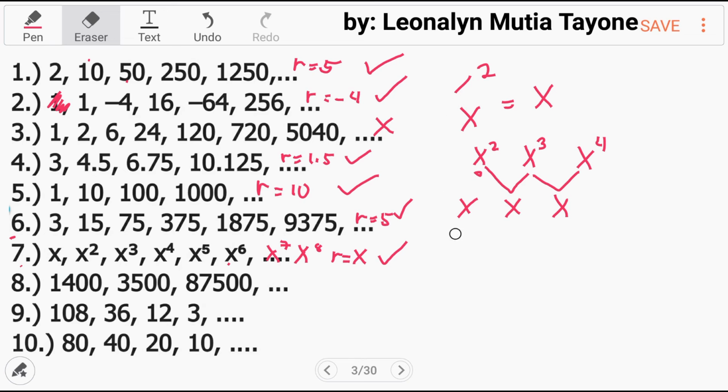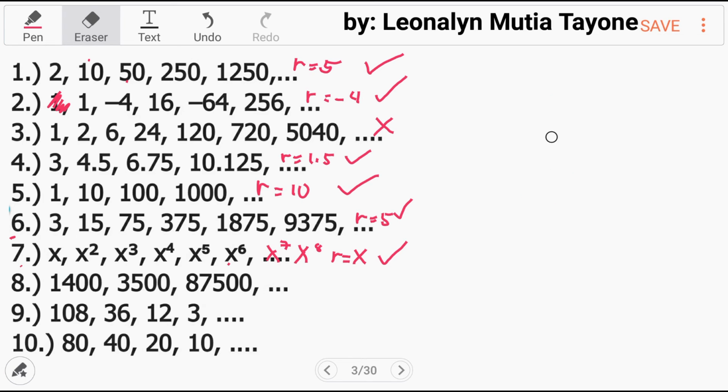Now, next is number 8. 3,500, that means 3,500 over 1,400. Let's cancel out the two zeros on top and bottom. So that is 35 over 14, 2.5.